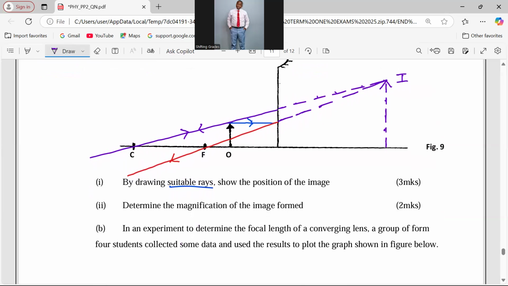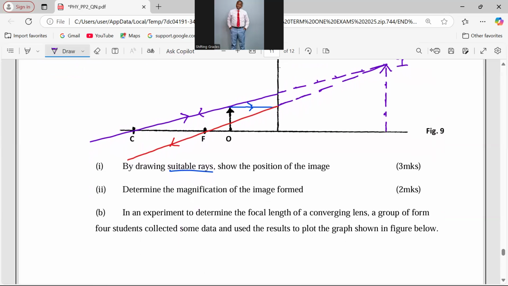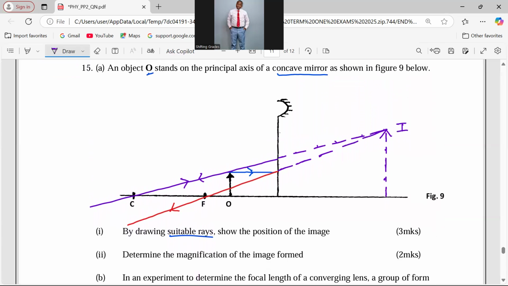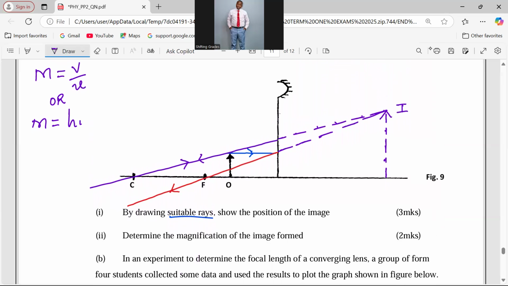Then after this now, let's check the second question. Determine the magnification of the image. Remember, magnification M can be given by two possible methods. Magnification can be given by distance of the image divided by distance of object, or magnification small letter m is given by the height of the image divided by the height of the object.